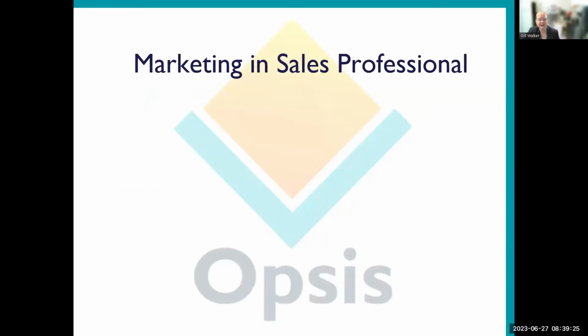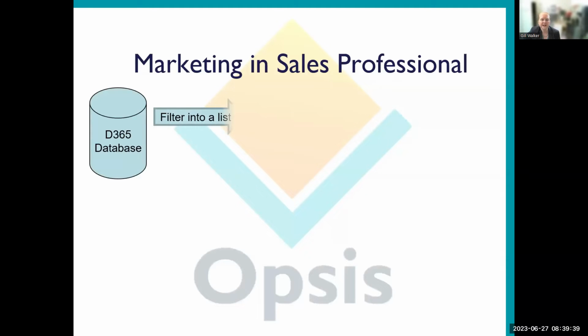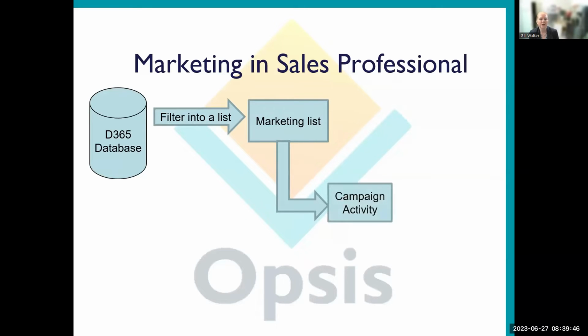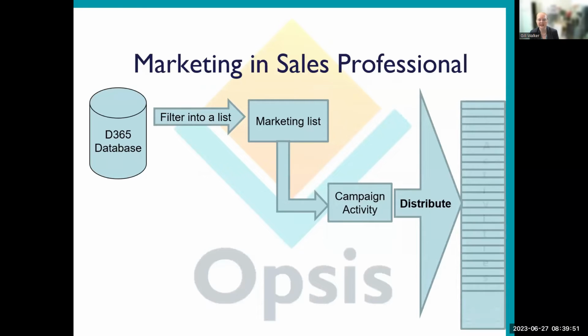We also get some marketing. As far as marketing goes, we get the ability to filter data from the database into a marketing list. Then from that, create a campaign activity and distribute that activity out to every member of the marketing list.